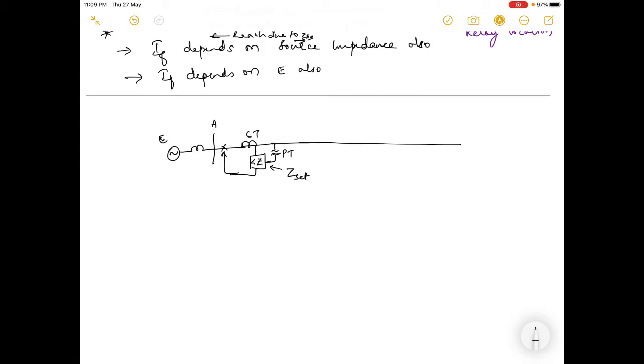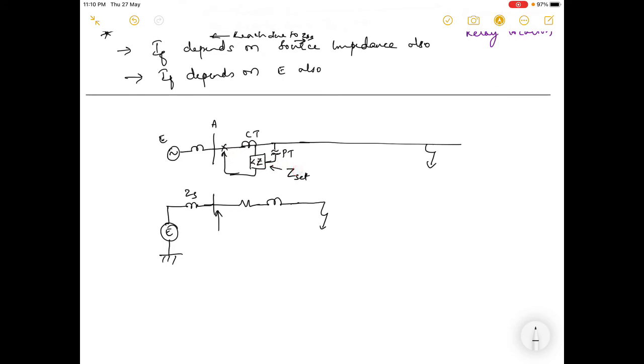If you want to write an equivalent circuit of this, this is E, this is your ZS, and this is your bus bar. Now assuming there is a fault somewhere at this location, there will be some resistance and some impedance up to this fault point. What matters is that CT and PT measure at this point, near the bus bar.